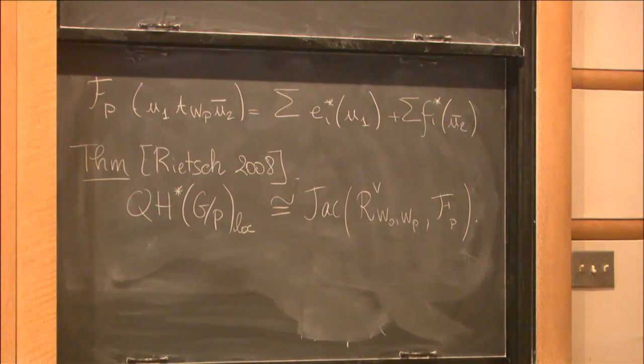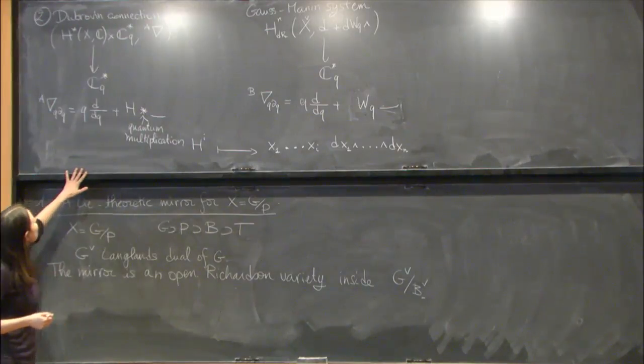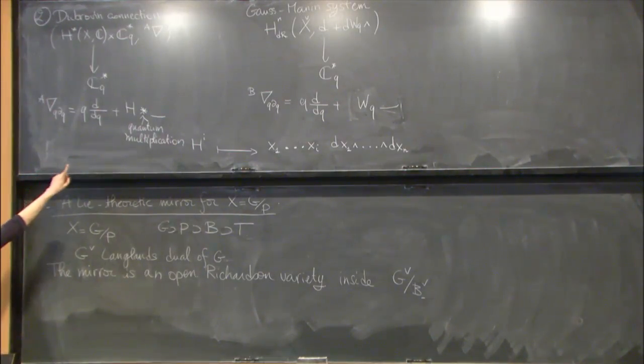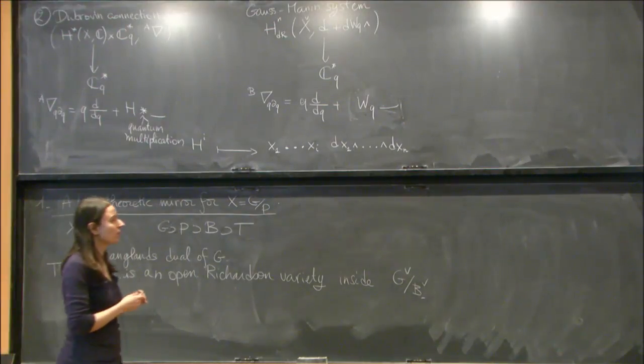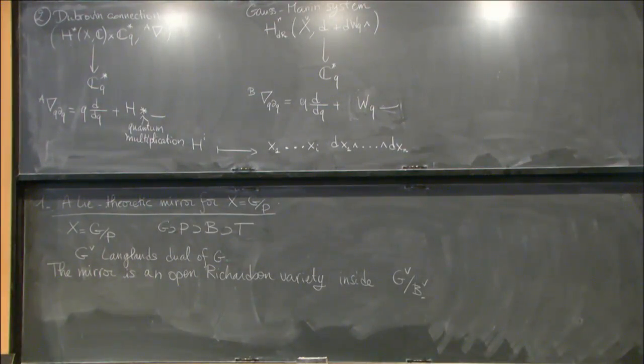So in the minuscule case, in the last talk, we saw a good way to study this issue with the connections. Here I'm going to present another point of view that is more suited to the minuscule case. So my first goal will be to find some nice projective coordinates for the mirror.